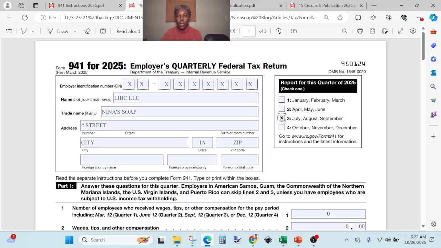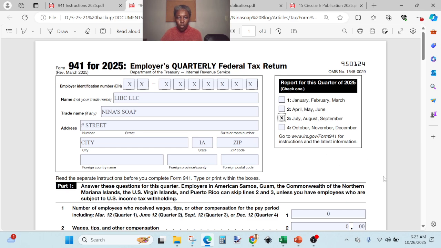Therefore, if your business has been around since the beginning of January, you are expected to submit 4 Forms 941 for 2025. The last one will be quarter 4, due January 31st, and quarter 3 is due by the end of October.